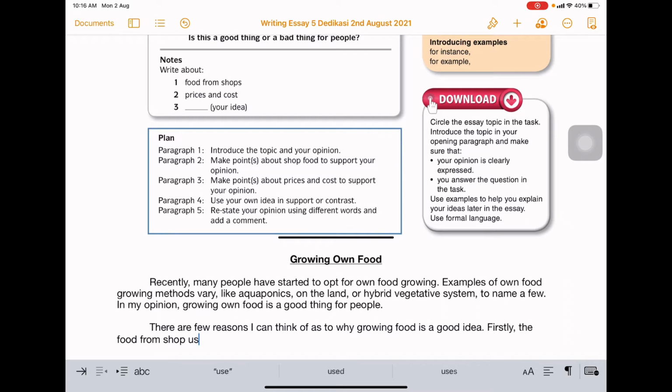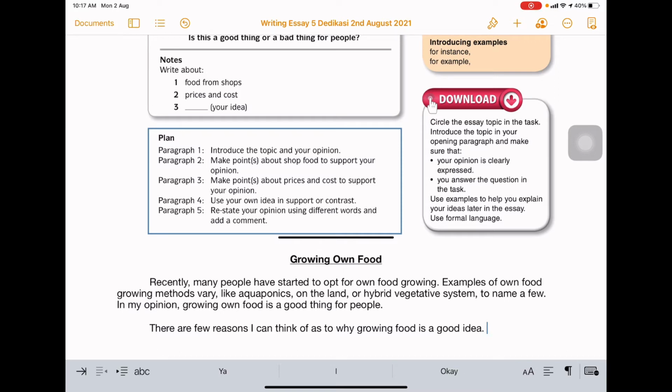Sorry, my bad. Okay, food from shops itself is a very big point, so you can actually use words that you can find from the language bank that you can find on page 67.